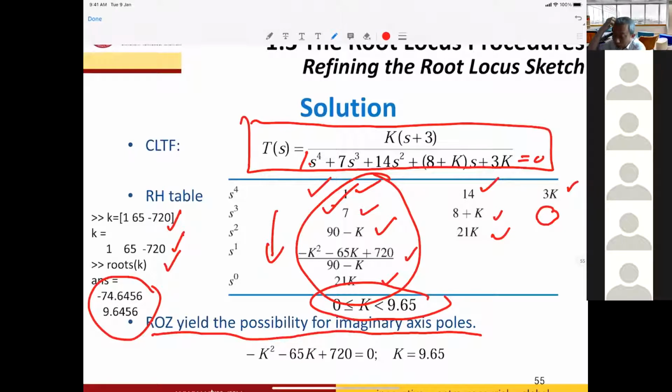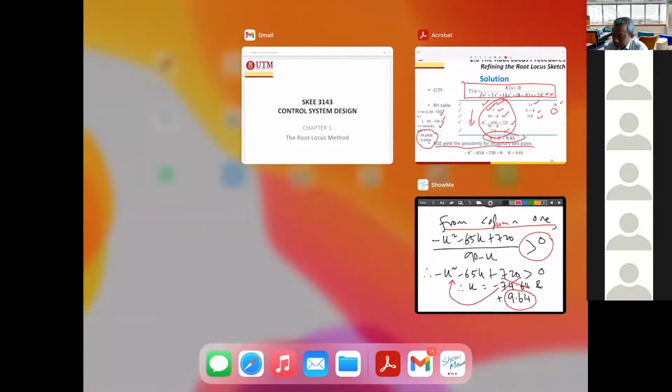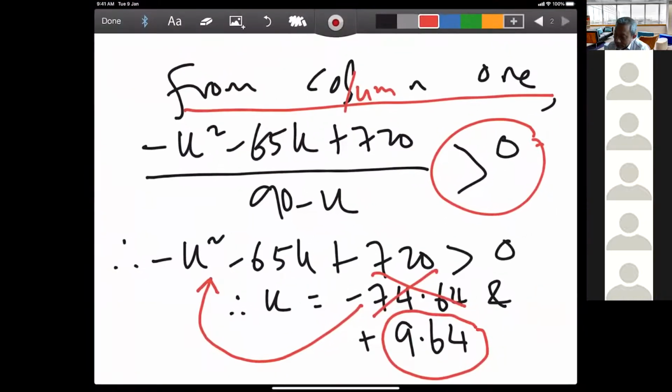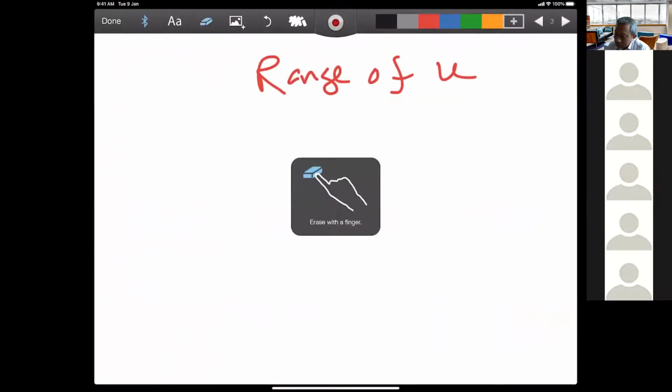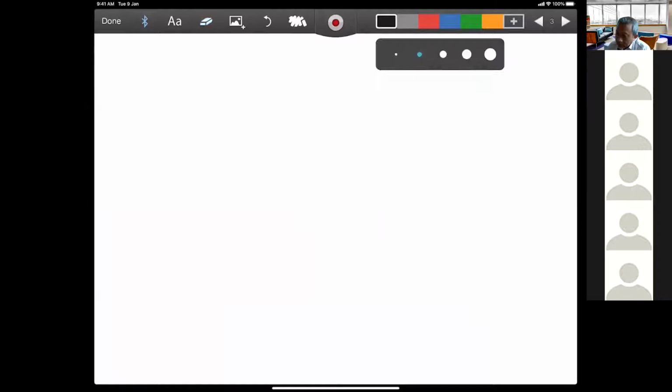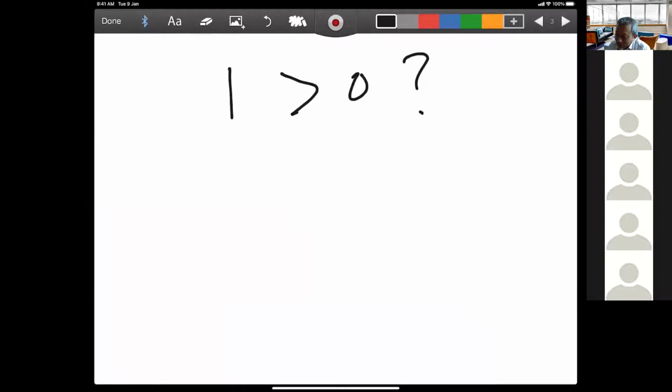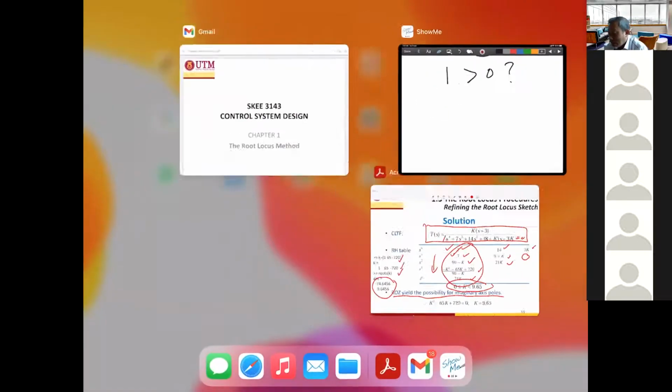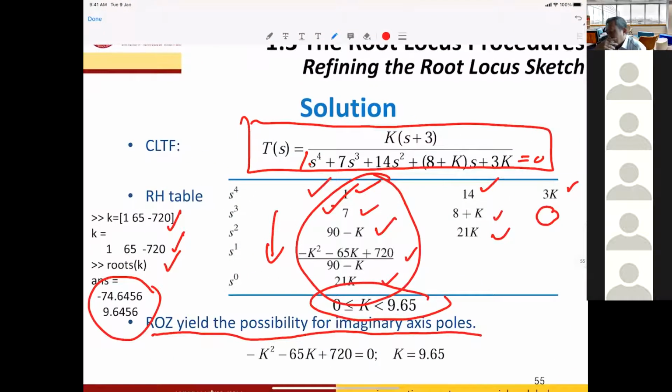Okay, let's see column 1. What is column 1? The first one. It is 1, isn't it? Greater than 0? No, what I mean is the equation goes from S4 until S0, right?